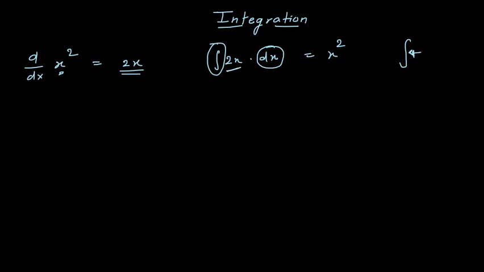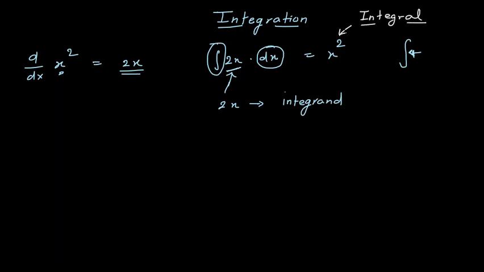Now this 2x, whose integration we are finding, is called the integrand. And this x square which we got is called the integral.